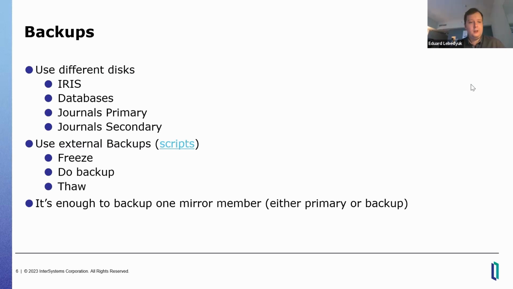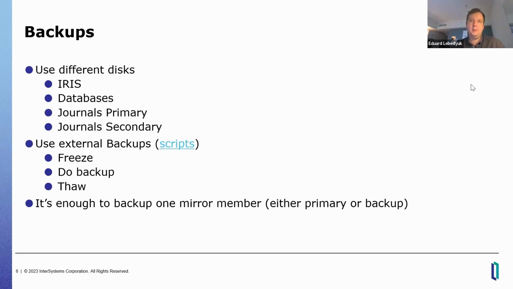So for cloud, we definitely recommend using external backups, and backup software usually has callback scripts which you execute automatically before and after backup. You call the freeze action and it freezes the database and rolls over the journal to the next file.